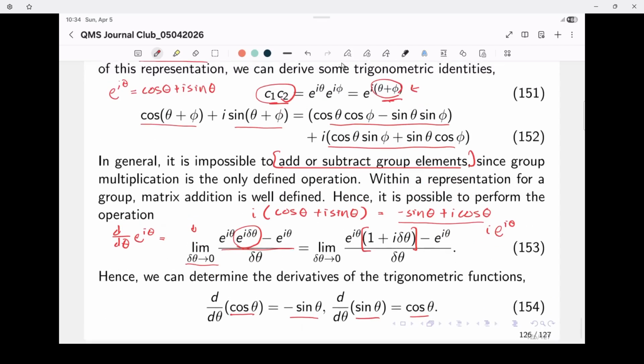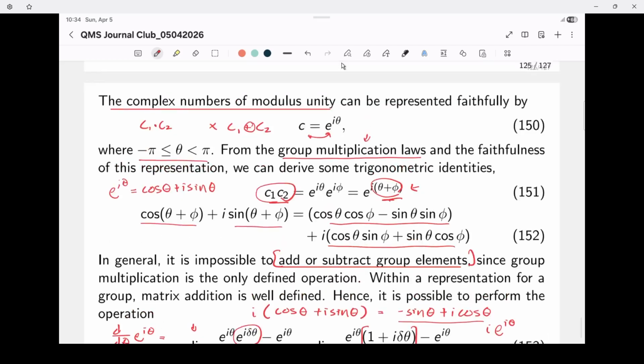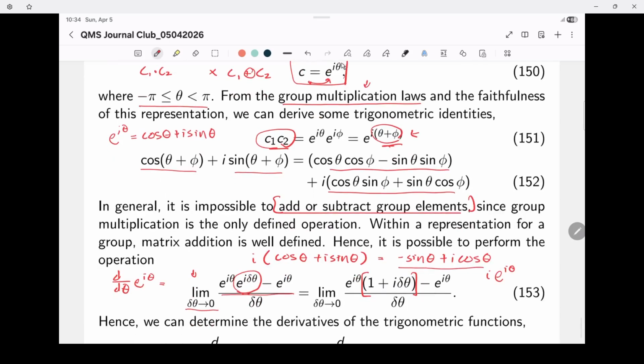The good thing about this particular mapping, this exponential mapping, is that it relates the global properties and the local properties. The derivation over here gives the local properties.